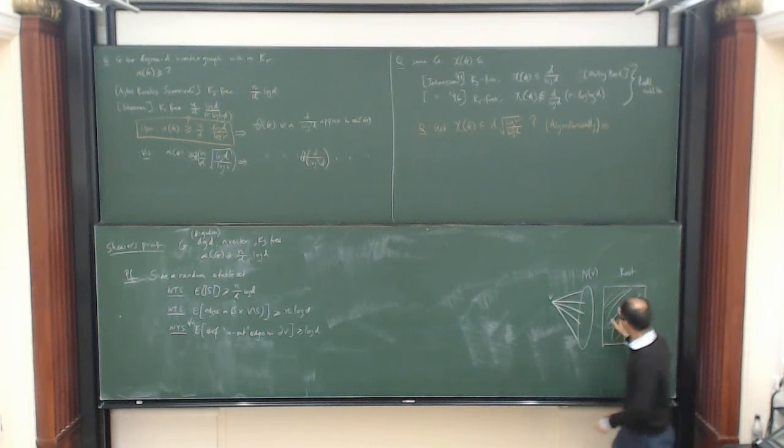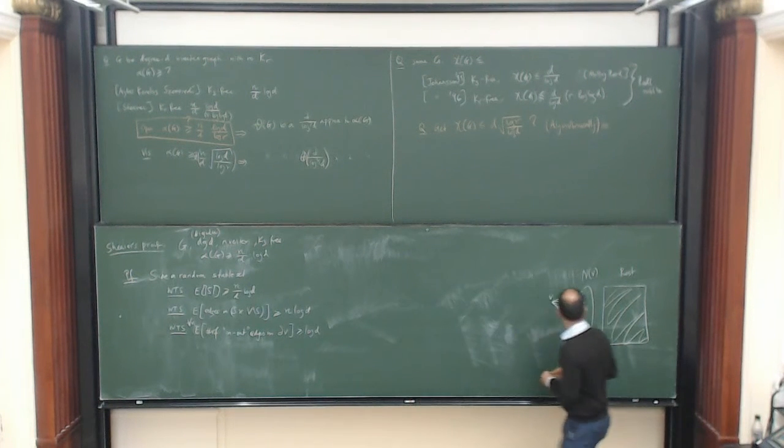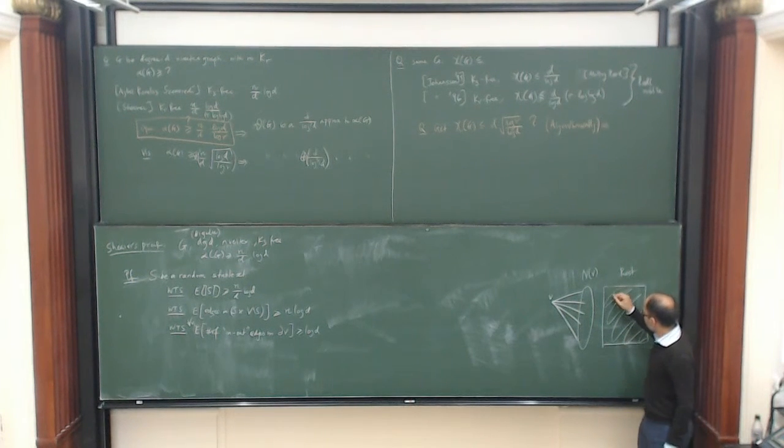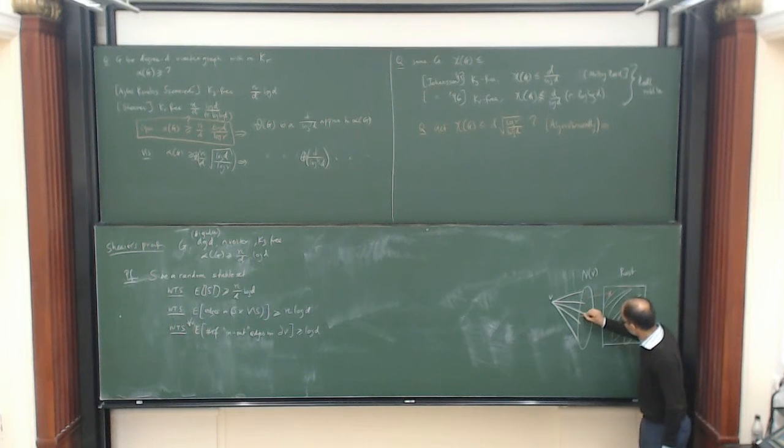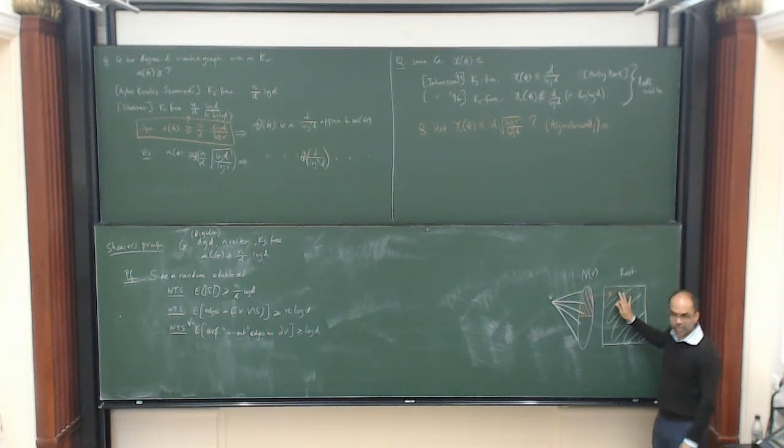Now, if I picked these guys, say I picked this vertex out here. It had an edge to some vertex out here. I can't pick this guy, right? It won't be an independent set anymore. So look at all the vertices out here which have neighbors in here.